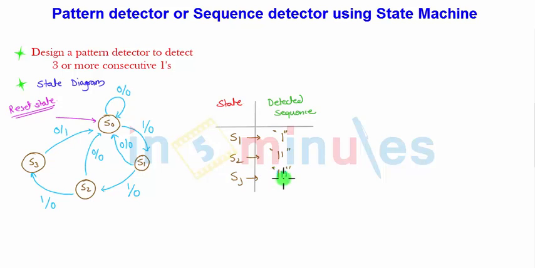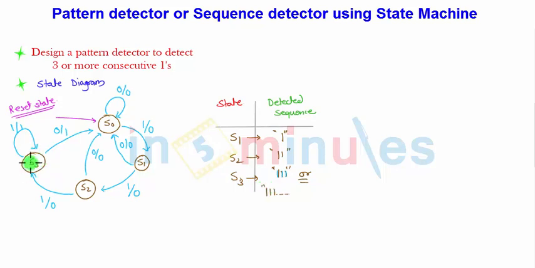Now we have to detect 3 ones or more than 3 ones. So if the next input, that is the fourth input, is 1, then what will happen? It will remain in the S3 state. The input is 1, the output is also 1. That means if you are in the S3 state, it might have detected 3 ones or it has started detecting more ones continuously.